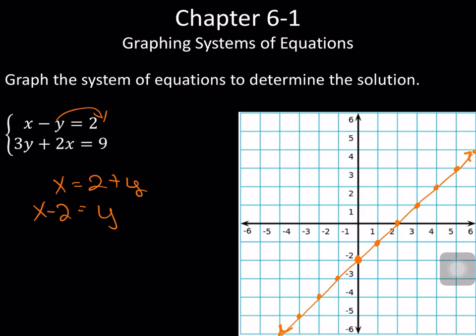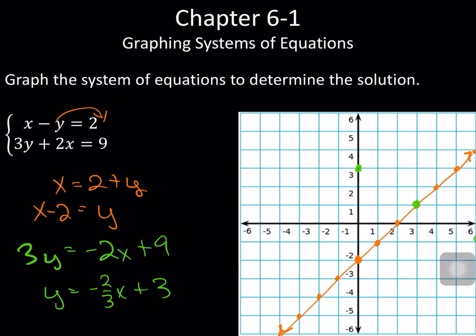Let's get the y by itself. We'll do that by subtracting 2x from both sides. And then we'll divide both sides by 3. Okay, and so we have an intercept of a positive 3, and we have a slope of -2/3.